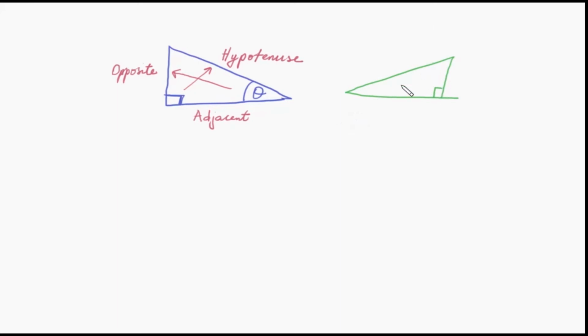How do you name the sides in this case? It is not difficult. What you do is to first of all identify the side that is opposite to 90 degrees. Remember that this sign here stands for 90 degrees. So this side is the hypotenuse.